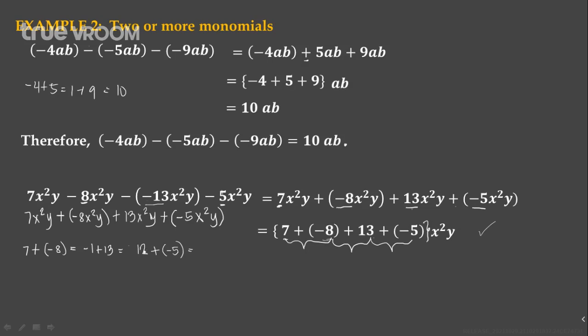Which is bigger, 12 or 5? 12. 12 is positive. So your answer should be positive. Positive 7. Yes. So that is positive 7, copy x squared y.